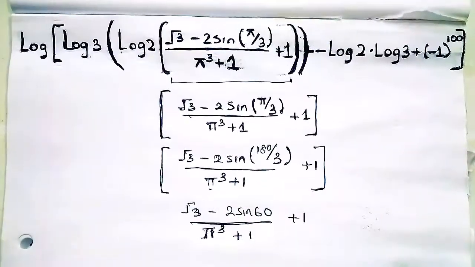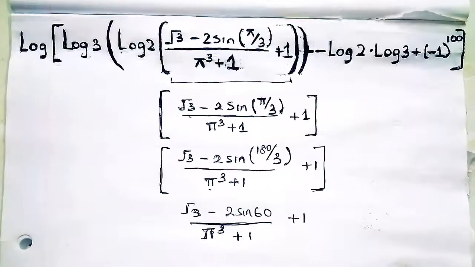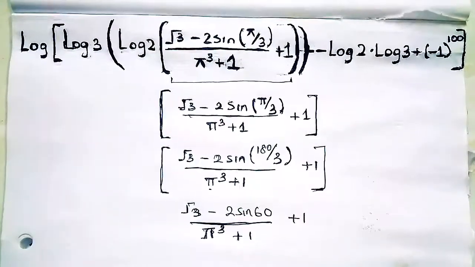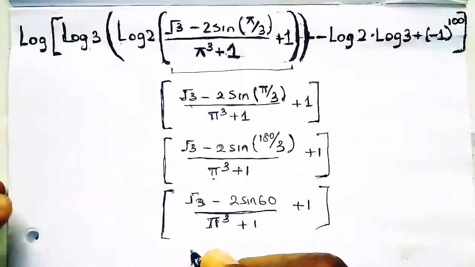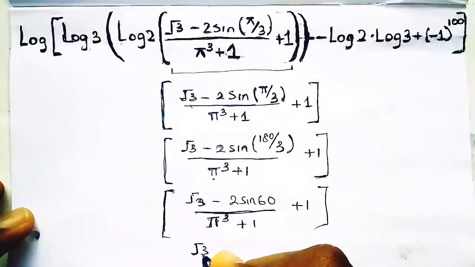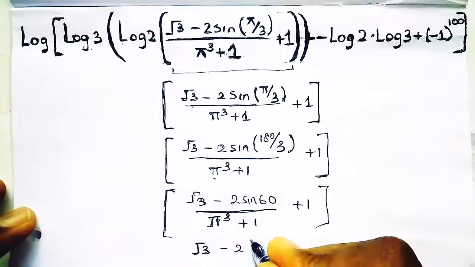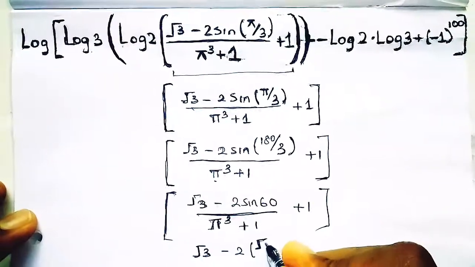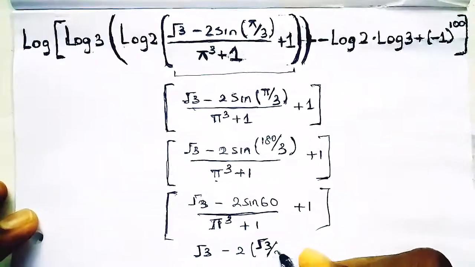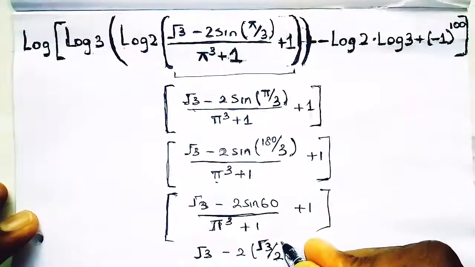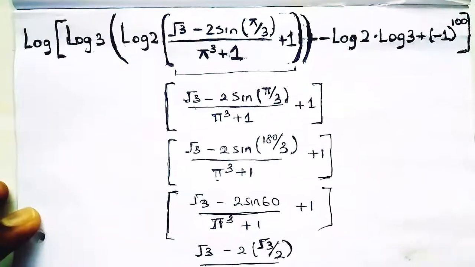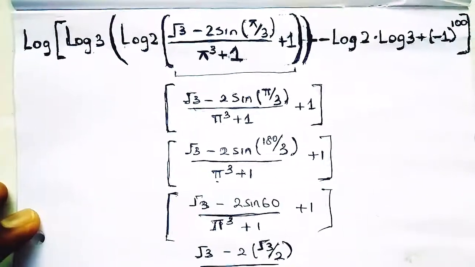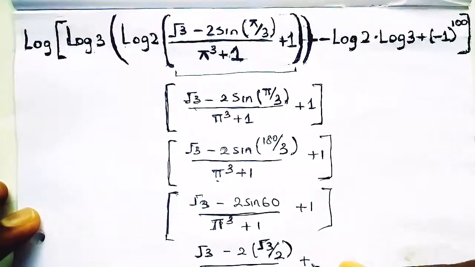So 2 sine 60 will actually give me root 3, so I'll just write root 3 minus 2 times root 3 over 2, right? Then divided by root 3 all squared plus 1, and plus 1.